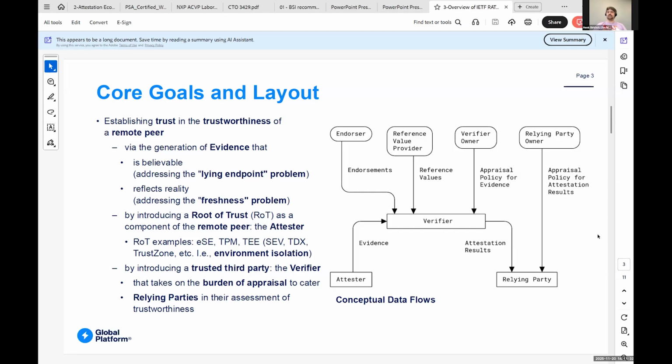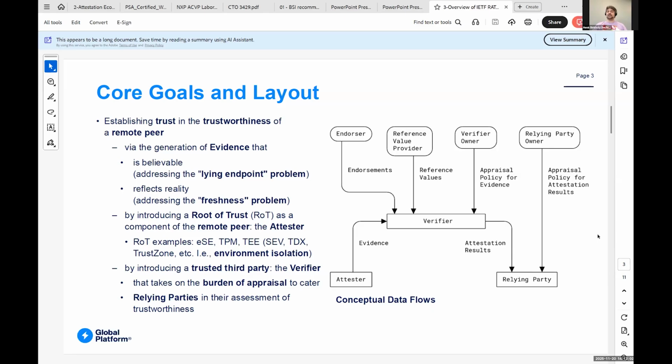I want to say the old school attestation guys from TCG also like the lying endpoint problem. It's important that the attester does everything that you wanted it to do and nothing else. It can't lie to you and can't misuse its power as a service in regard to the relying party's dependency on the service. Also, evidence helps you to understand if it is fresh.